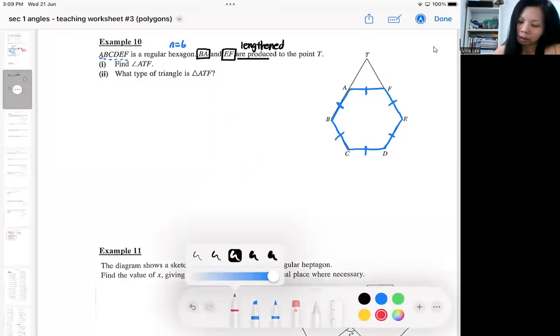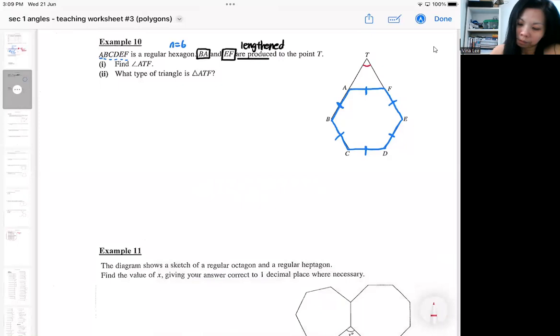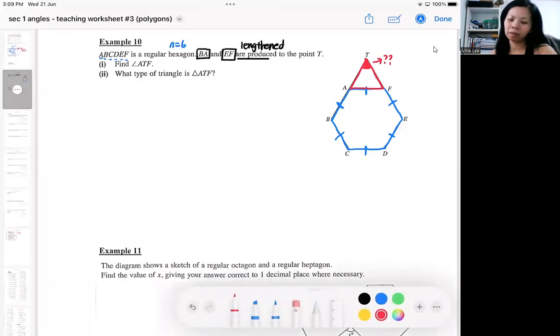The question is asking for ATF, which is part of a triangle. So how will you approach it? Common sense will tell you that this is a six-sided figure.